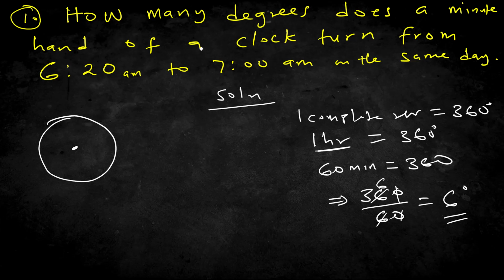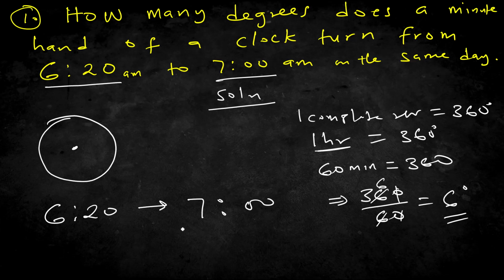How many degrees does a minute hand of a clock turn from 6:20 to 7 o'clock a.m. on the same day? So we know 6:20 to 7 o'clock is how many minutes? From 6:20 to 7 o'clock is 40 minutes.